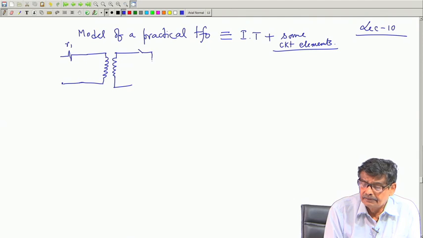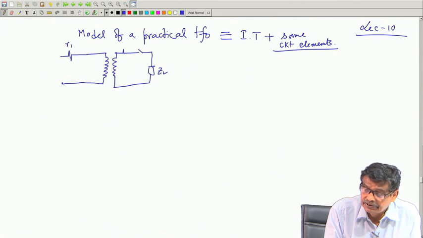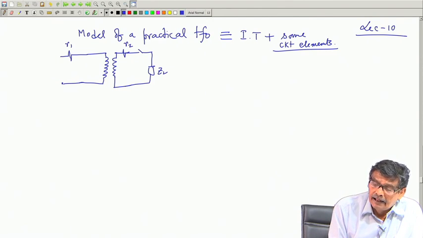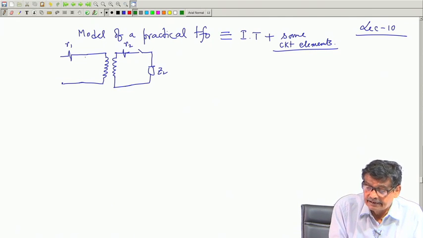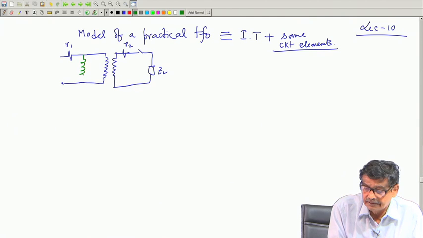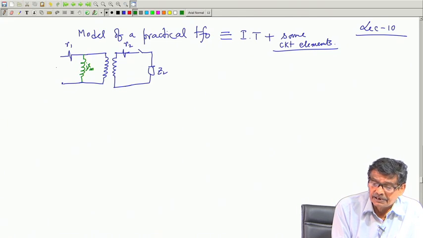And here is your actual load on the secondary side Z 2, and here I also showed the secondary resistance R 2. Then the magnetizing current was also taken into account, and it is not a winding, it is jXm. It is my thought process which brought me here.